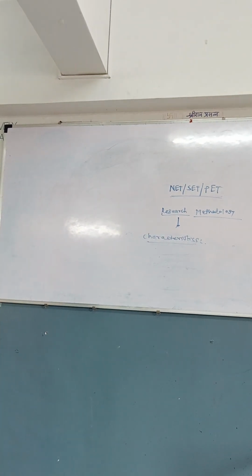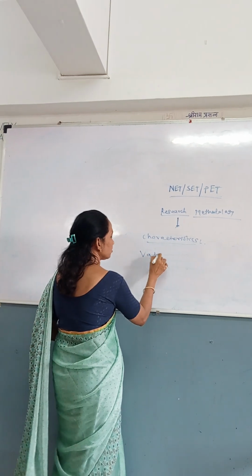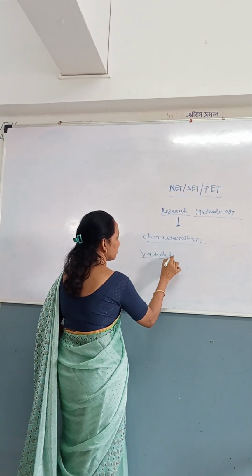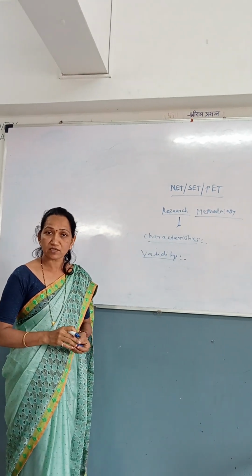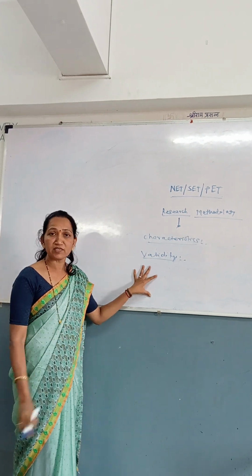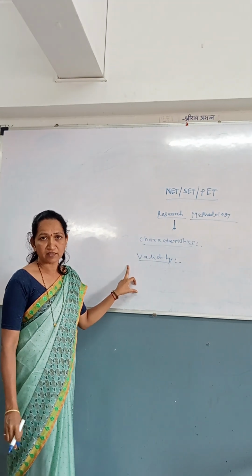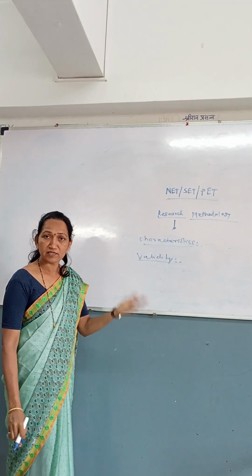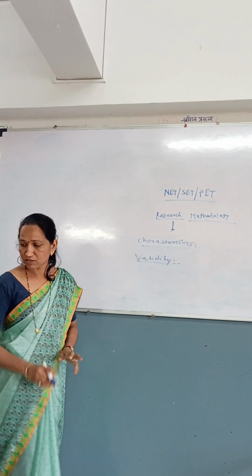Another important characteristic is validity. This validity includes different types: external validity, internal validity, content validity, construct validity, and criterion validity. These different types of validity are included in these characteristics, and examples of particular validity are also important.